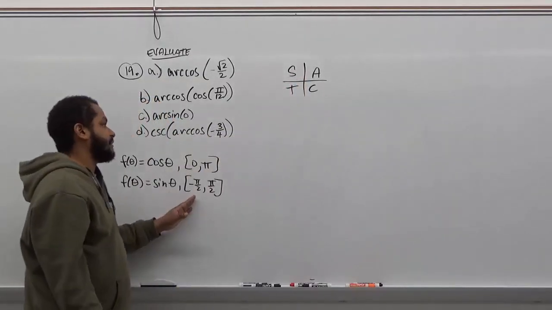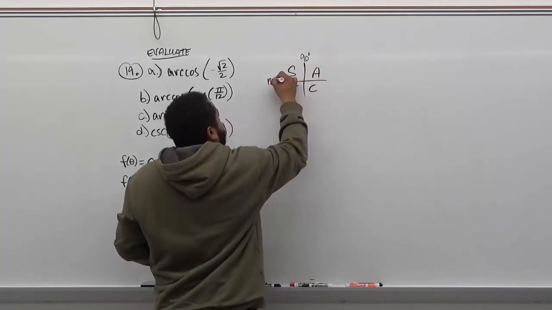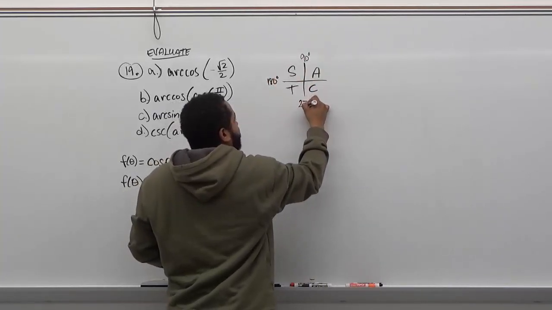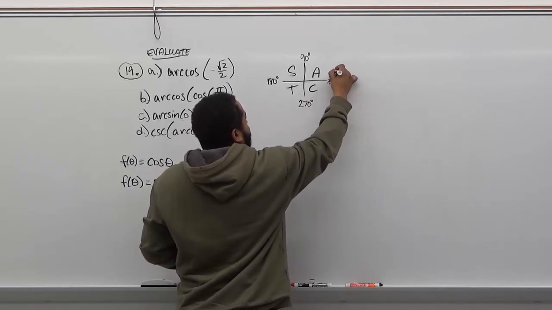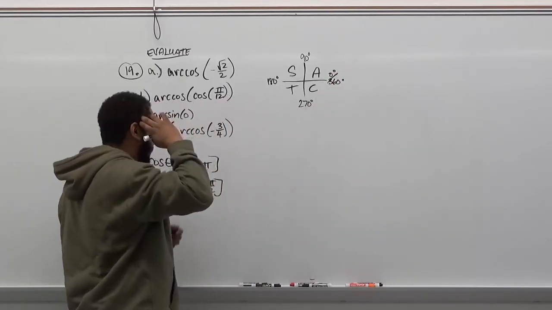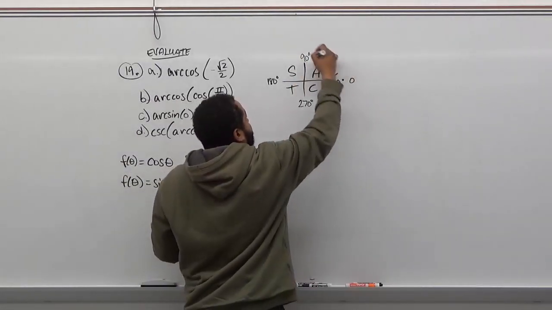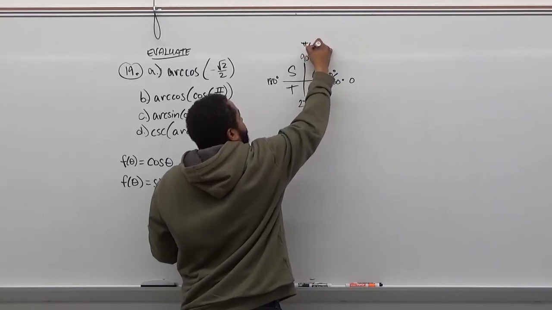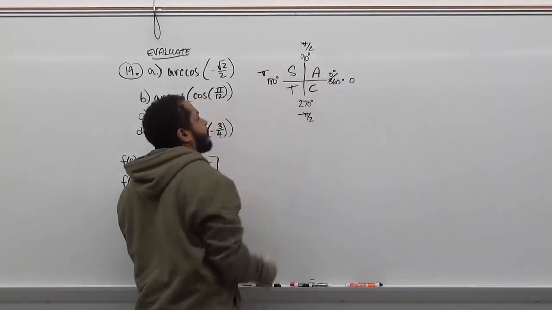And remember this is 90 degrees, 180 degrees, this is 270, and 360 as well as being 0. So when we talk about the negative and positive quartiles, this is 0 in radians, this is pi over 2, this is negative pi over 2, and this is just pi.